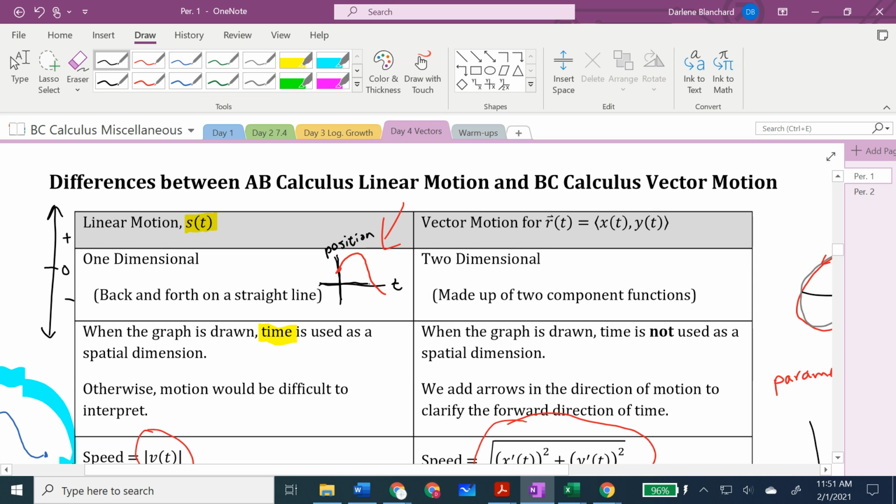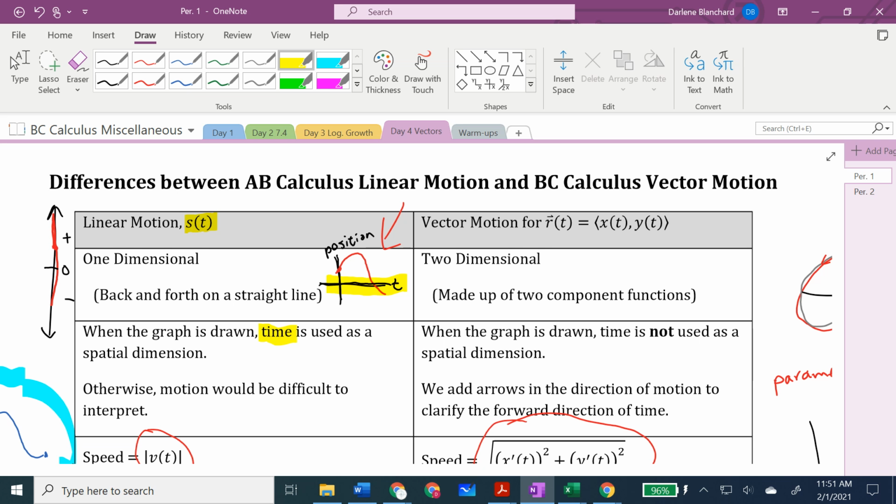So based on this graph right here, I'm starting on the positive side, and then I am heading up, and then I'm heading down to the negative side. The actual motion is I start here, I go up, I go down. And that's difficult to read if I don't warp the spatial understanding by bringing in a time axis.